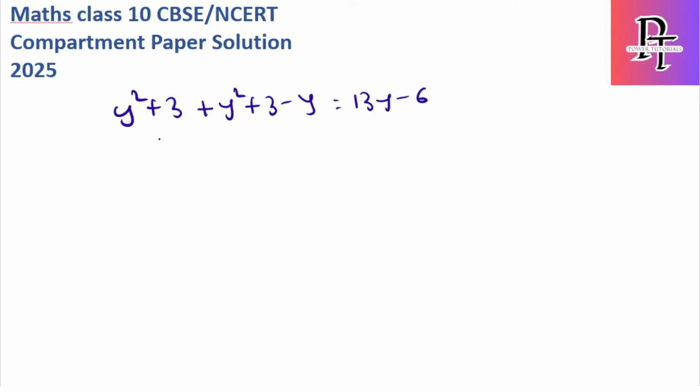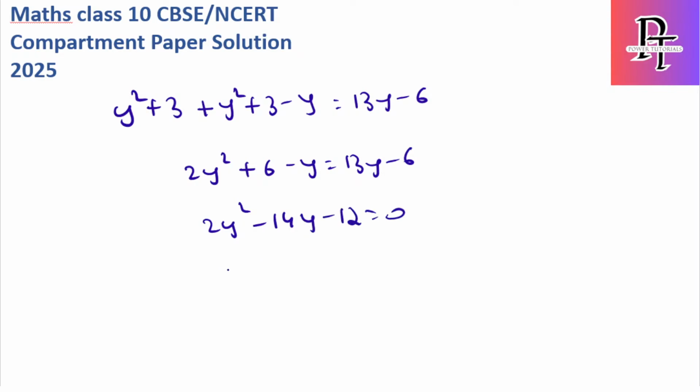Okay, let's solve the y value now. Now this became 2y square plus 6 minus y is equal to 13y minus 6. If you move to the other side, it becomes 2y square minus 14y minus 12 is equal to 0. Now if we simply cancel by 2, it becomes y square minus 7y minus 6 is equal to 0.